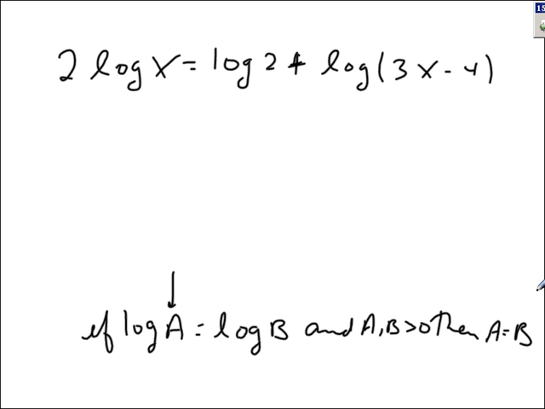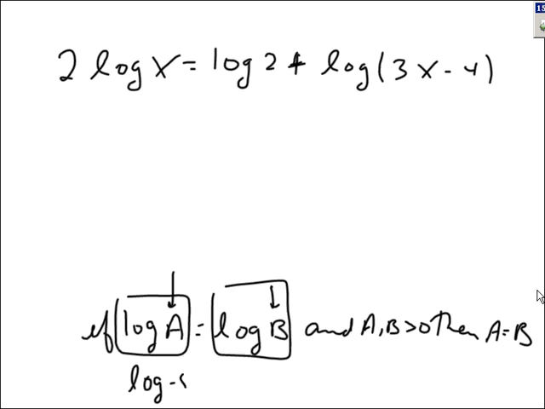If A is negative, then this makes no sense. And if B is negative, this makes no sense. That is, log of negative 5 does not equal log of negative 5. They're not equal.